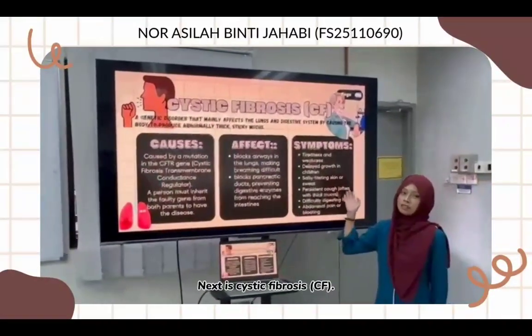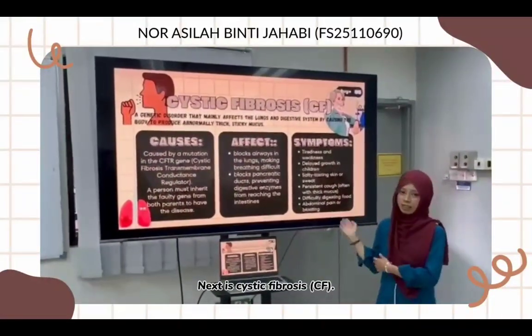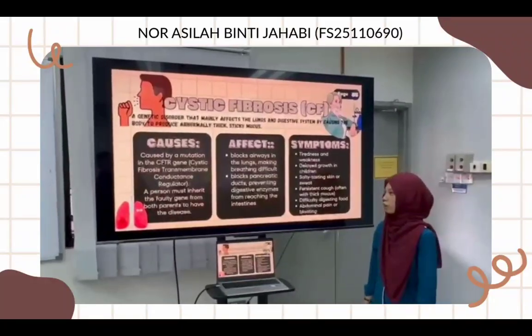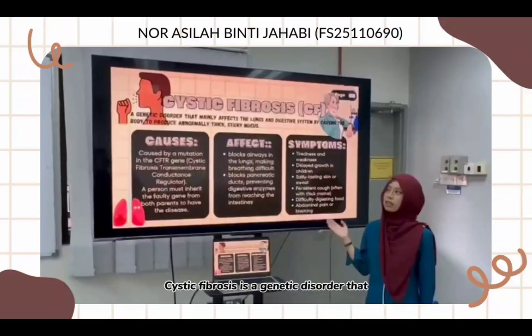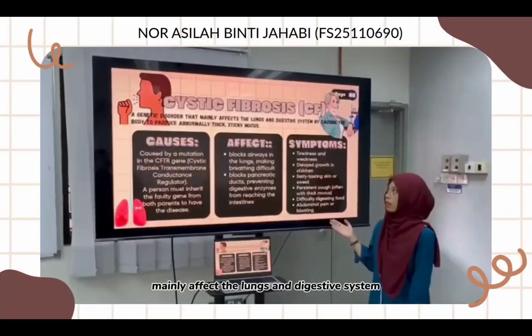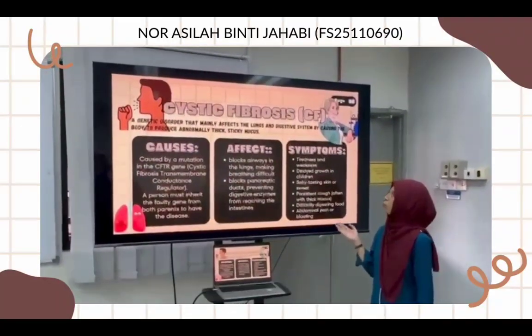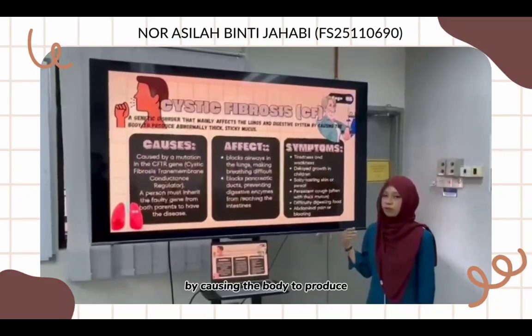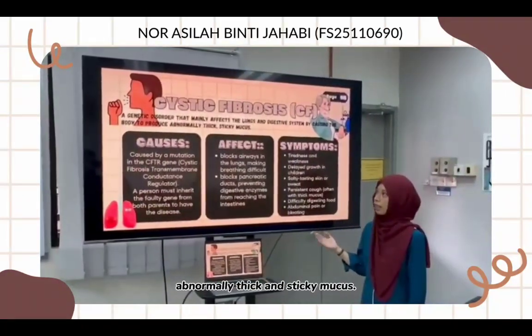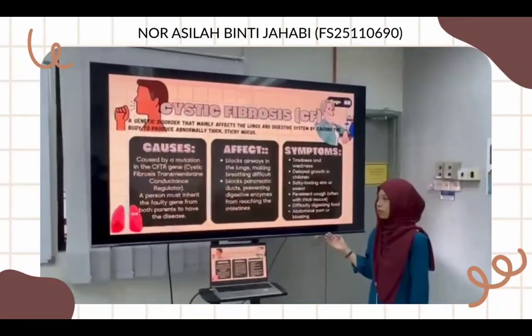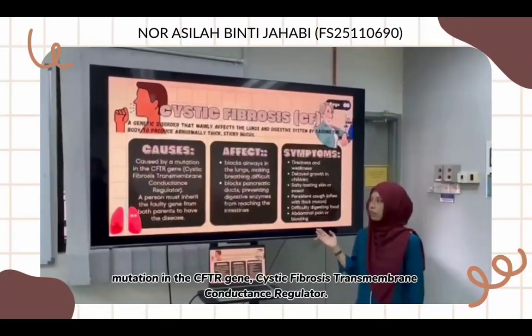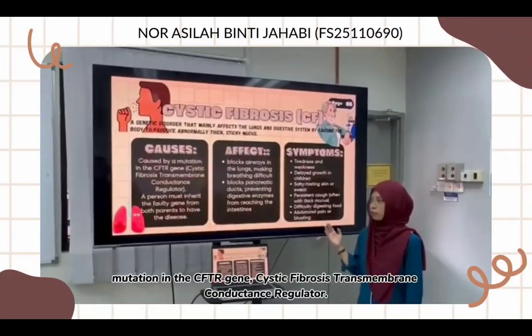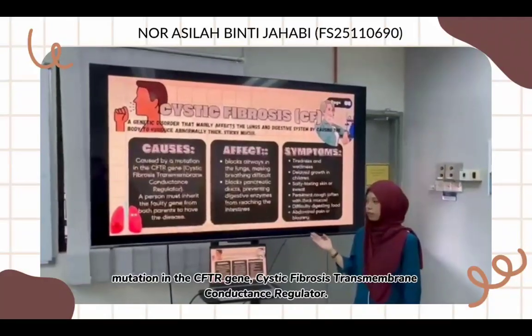Next is cystic fibrosis, CF. Cystic fibrosis is a genetic disorder that mainly affects the lungs and digestive system by causing the body to produce abnormally thick and sticky mucus. The cause is a mutation in the CFTR gene, the cystic fibrosis transmembrane conductance regulator.